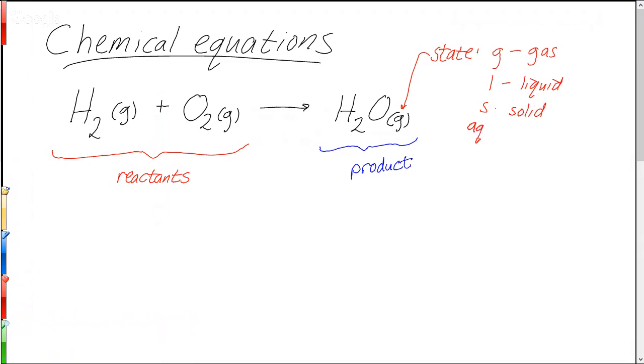And then we use this other one sometimes, AQ, which stands for aqueous, which means dissolved in water. So when we had all those solutions in lab on Tuesday, they were aqueous solutions. If we were to write out those chemical reactions, we would have said things like calcium chloride, CaCl, parentheses, AQ, because it was calcium chloride dissolved in water. So that's what an aqueous solution is. So those are the four things we'll use there.